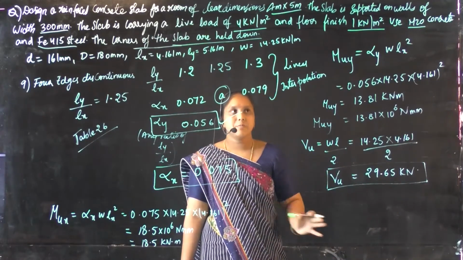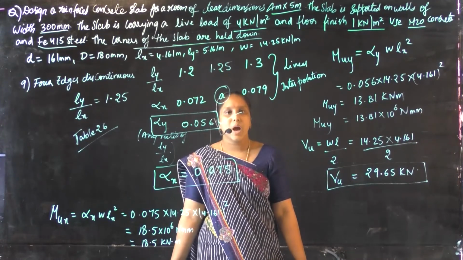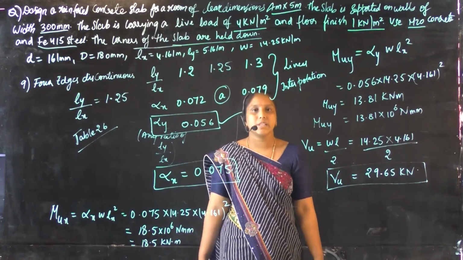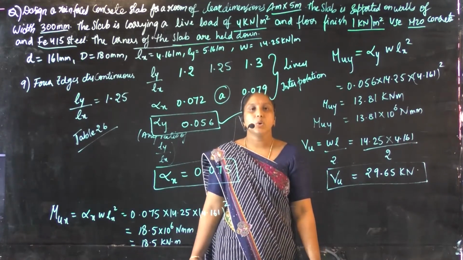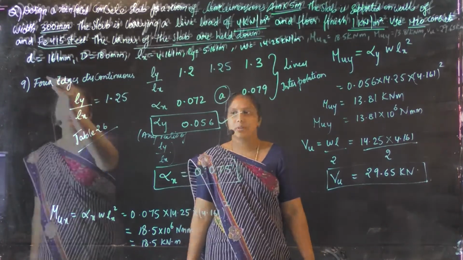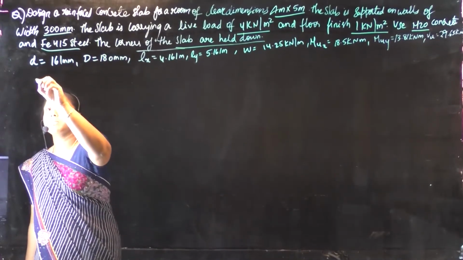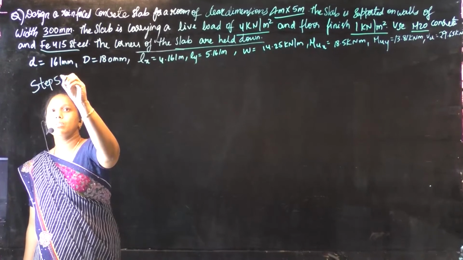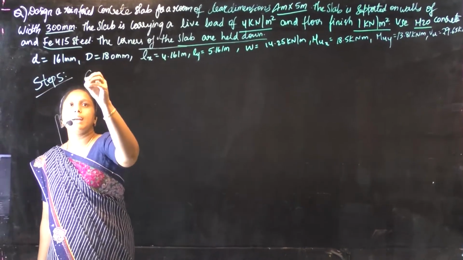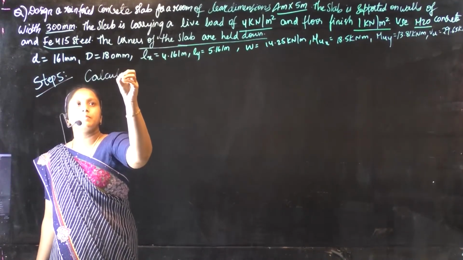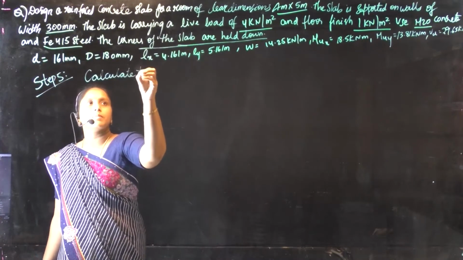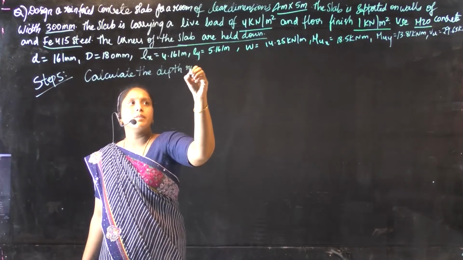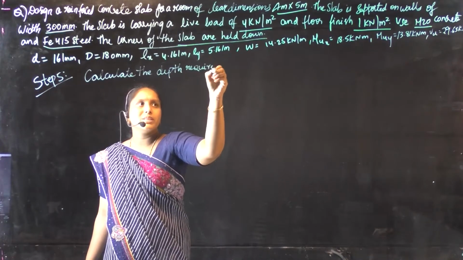So now we have calculated the bending moment and the shear force. So what is the next step we have to do? The next step is we have to calculate the minimum depth required. Now let us calculate the minimum depth required to resist the bending moment.